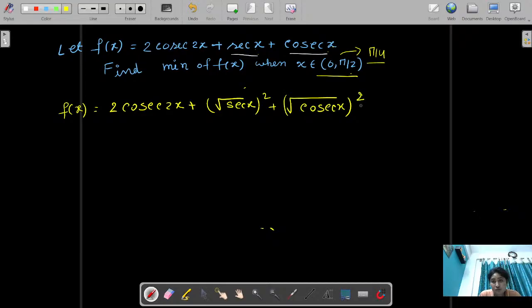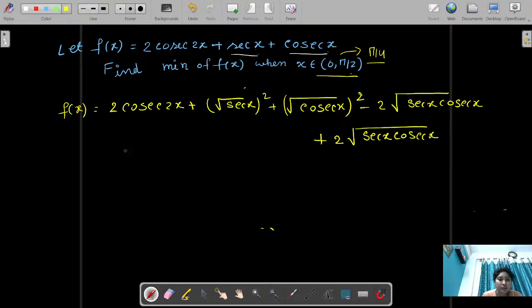Now, to write a formula, here I am adding 2 into root under sec x into cosec x, and to balance this term I am writing plus 2 sec x into cosec x.